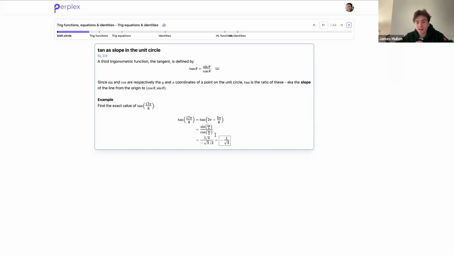And both of those values of sine and cosine I can find using the same procedure we did earlier for using the symmetries to find the values of sine and cos. And I would find 1 over 2 for sine 5 pi over 6, and negative root 3 over 2 for cos of 5 pi over 6. And if I simplify that down, I get negative 1 over root 3. And if you want to rationalize that, it's equal to negative root 3 over 3.